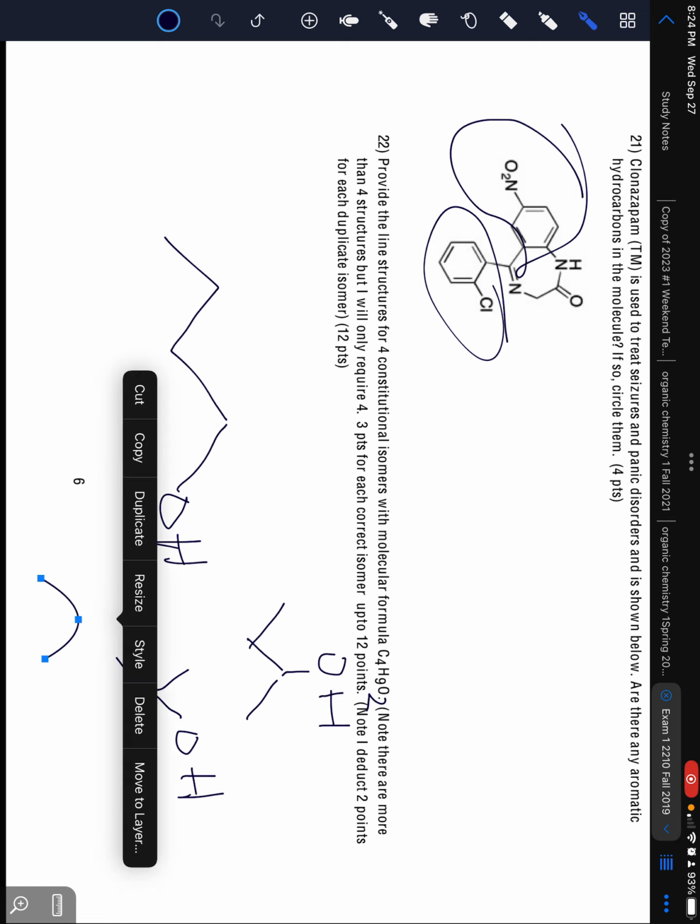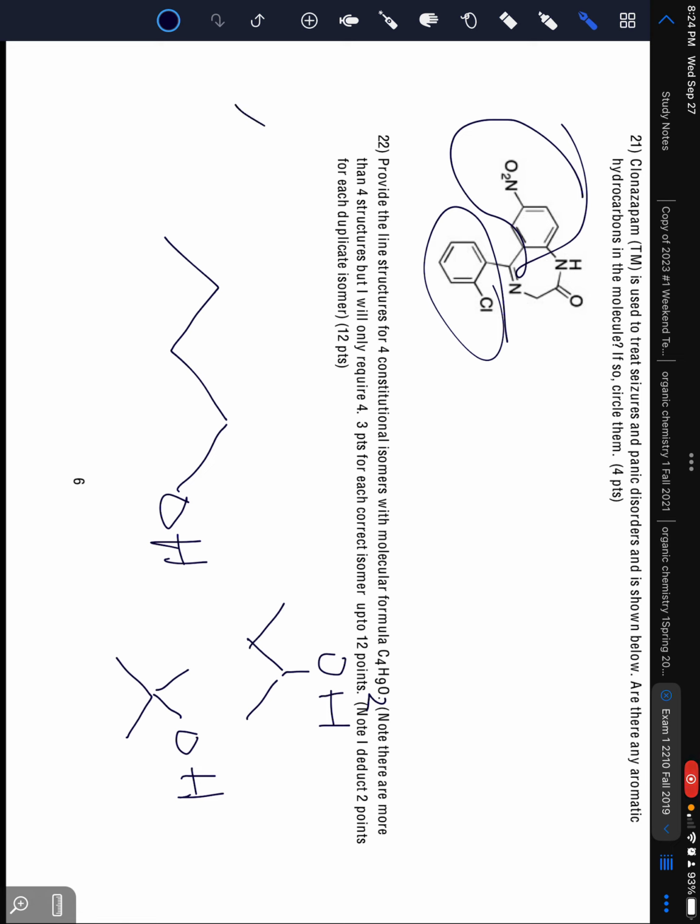I can make something where I have an OH here. And I can make something where I have an OH here and a methyl here. I can also do ethers. So there's a bunch of things you can do.